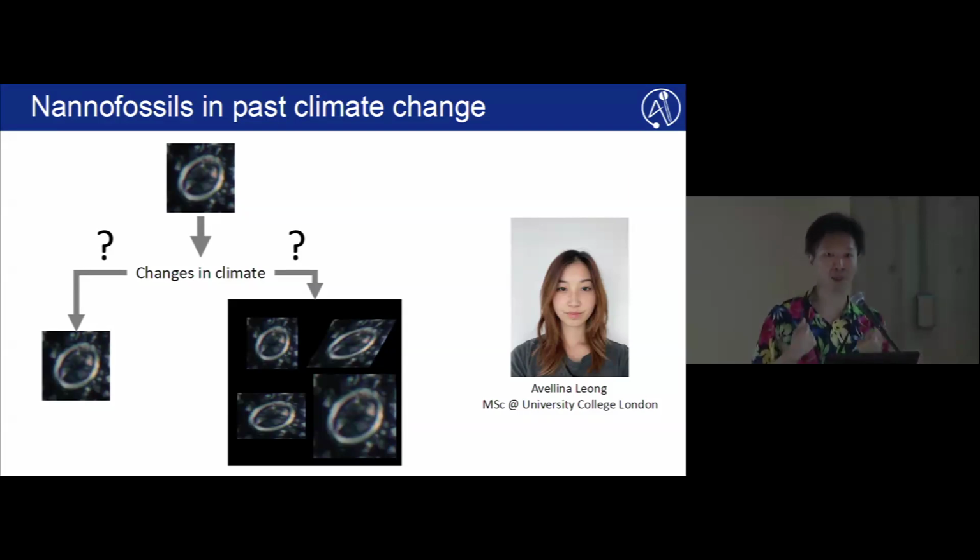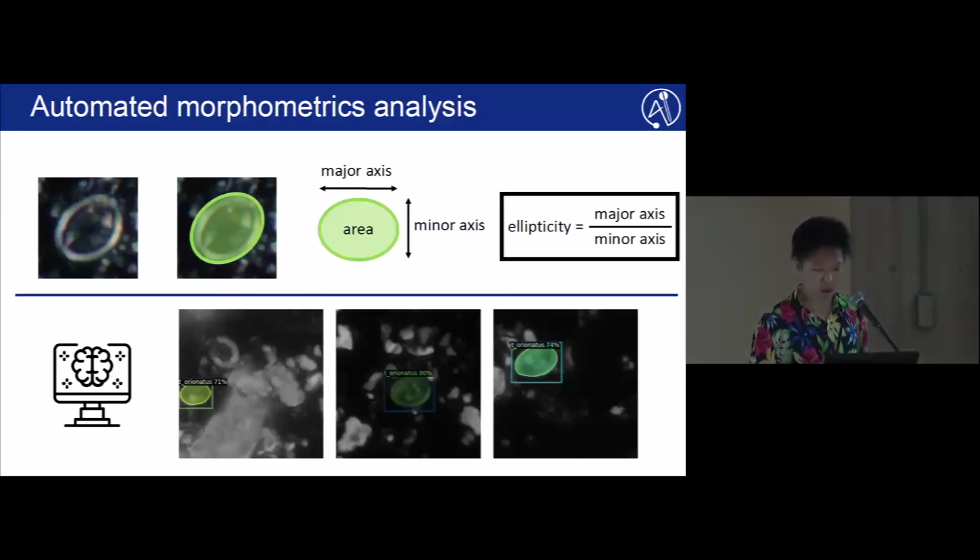But with our method of labeling the data and building a dataset that is ready for AI, this becomes possible. Using AI, we can easily segment what nanofossil is in the slice image.